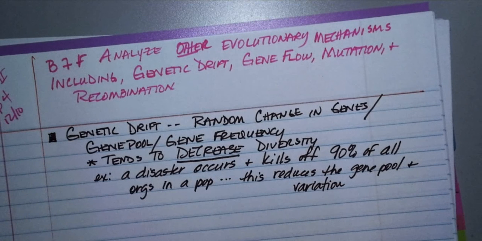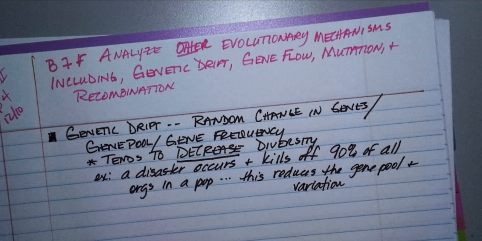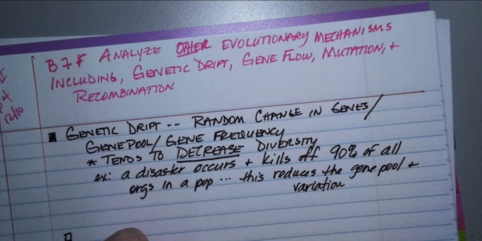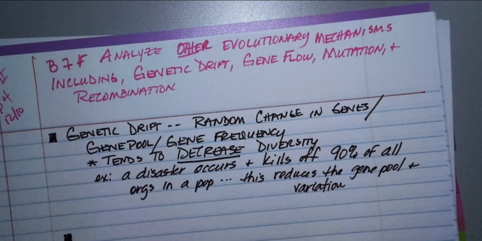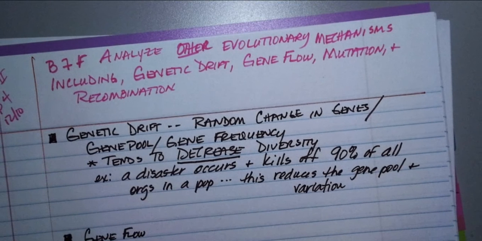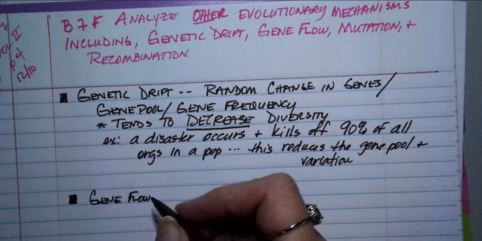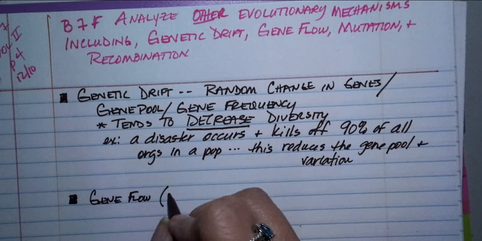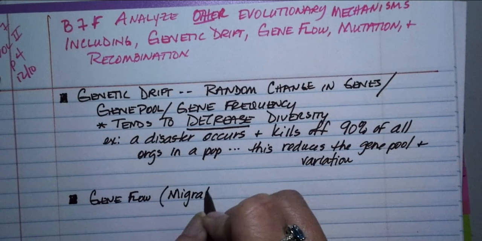Okay, the next one that's incorporated in evolution that we haven't really talked about much is gene flow. I'm going to put in here migration, because we talked a little bit about migration, didn't we? When they move from one family group to another.